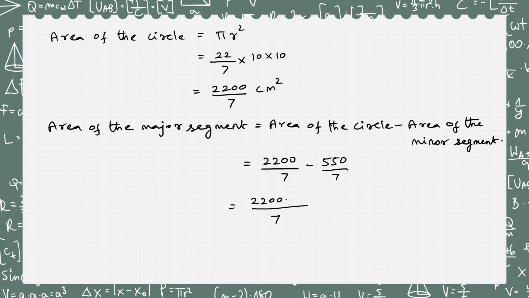So we have to subtract the numerators, and their difference will be 1650, right? So 1650 by 7, or we can convert it again as a decimal, whose answer is 235.71 centimeter square approximately. Okay, so both the areas we have found, and that's the end of the sum.